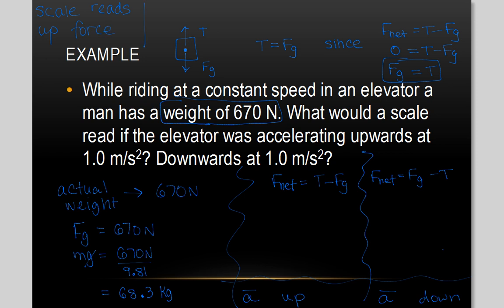The scale reads the up force. So in all these cases, we have to solve for the tension. So in the first column, F net plus Fg will equal T. And in the second column, move the T to the other side and you have Fg minus F net.